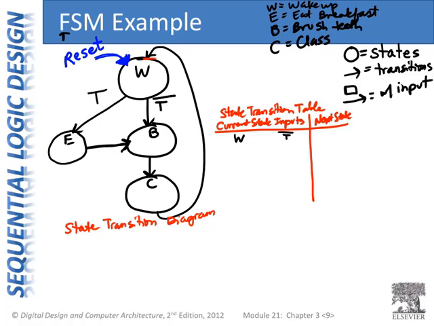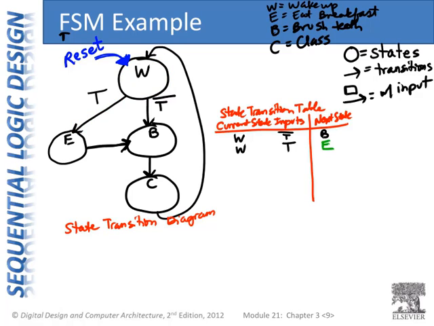So if we're in the wake up state and we don't have time, so t is equal to 0, we should go to the brush teeth state, the B state. So here we go. In the wake up state, no time, we go to the brush teeth state. However, if we're in the wake up state and we do have time, the next state should be the eat breakfast state.